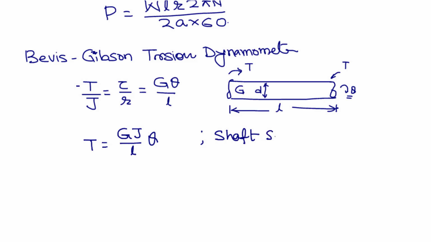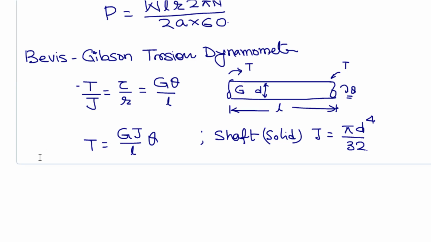For a solid shaft, J equals pi d power 4 upon 32. L is the length, G is the modulus of rigidity. This means T is proportional to theta.